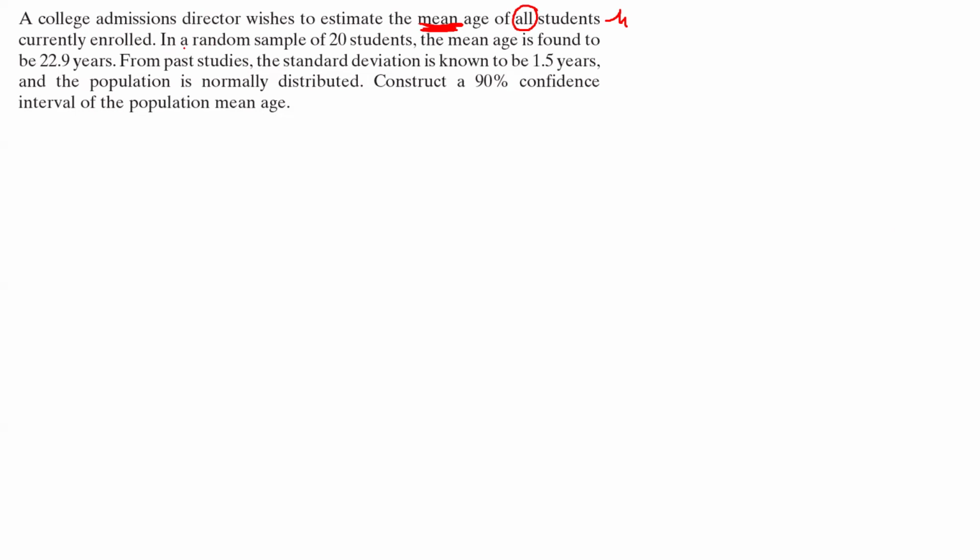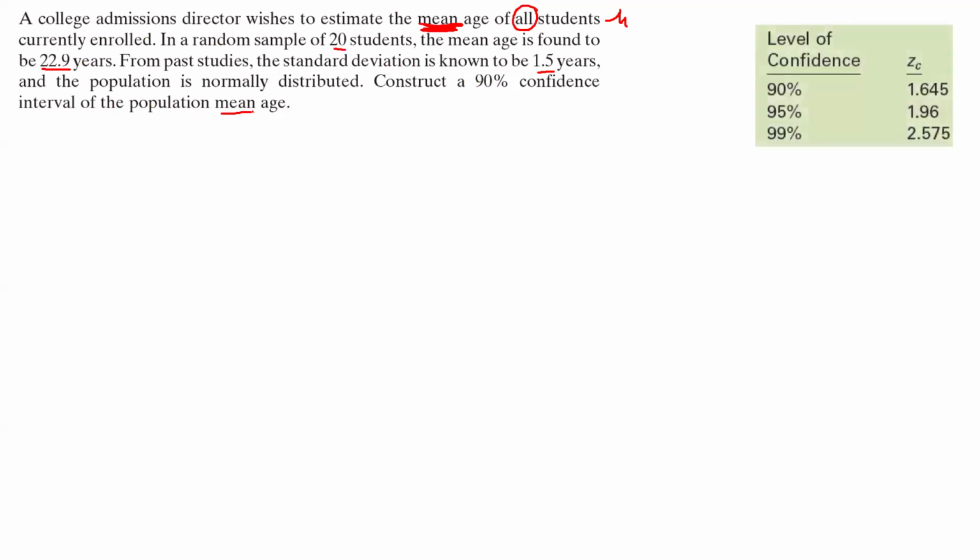They're going to take a random sample of 20 students, and they find the average age of that sample, which is 22.9 years. From past studies, the standard deviation is given to you as 1.5 years, and the population is normally distributed. Question says, now construct a 90% confidence interval for population mean age.